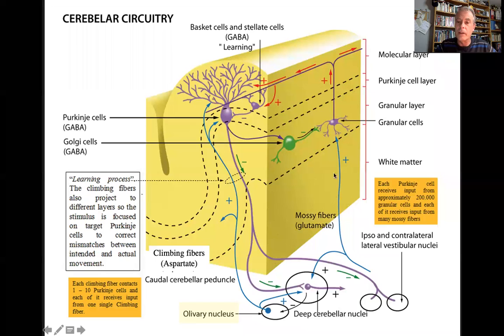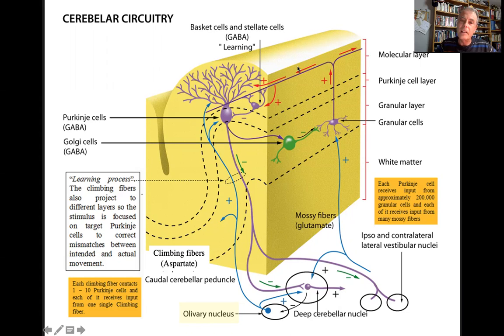One are the mossy fibers that are glutamate, so they're the excitatory. Okay, these mossy fibers, some of them project to the cerebellar nuclei, and some axons go up to act on granular cells. These granular cells project their axon to the upper layer, that is the molecular layer.